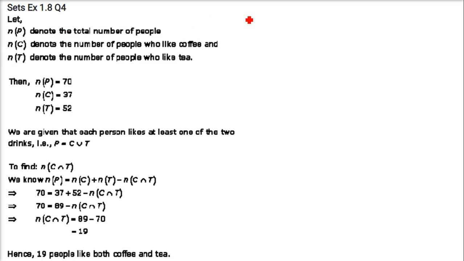Next one is, in a group of 70 people, that is the total number of people, 37 like coffee. So n(C), the number of people who like coffee, is 37. Then 52 like tea, so n(T) is 52. Then each person likes at least one of the two drinks.